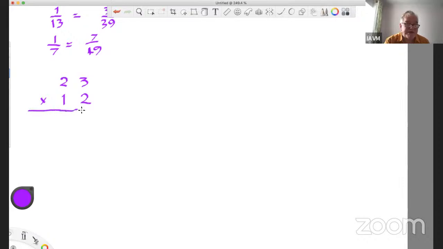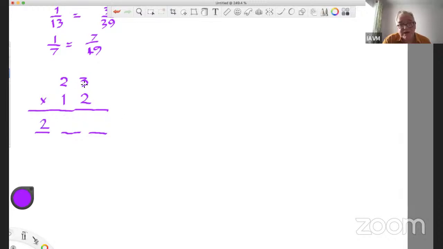It's going to have 3 digits in the answer: a hundreds digit, a tens digit, and a ones digit. And if you analyze this, the only way in which we can get a hundreds digit is by multiplying 20 by 10, which is 200, of course. It's just 2 times 1, which is 2.